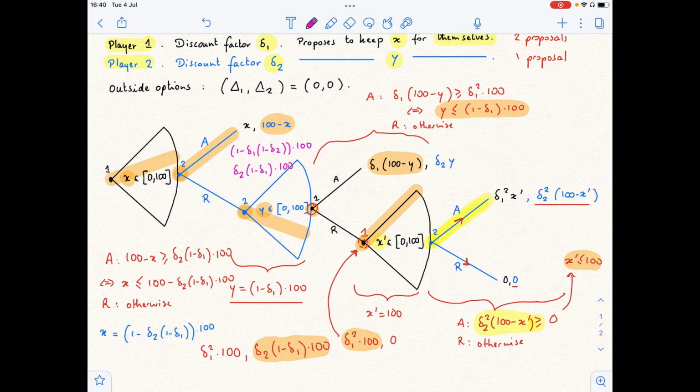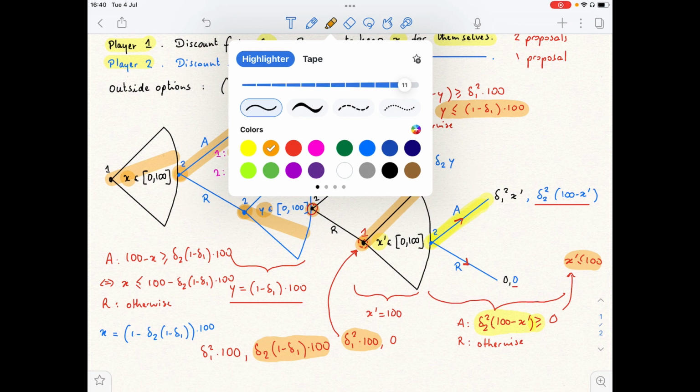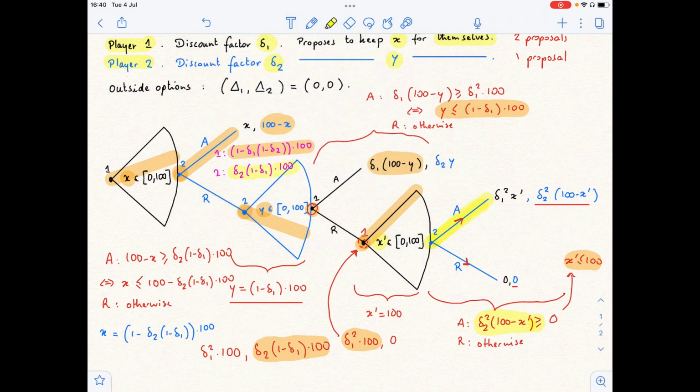So that's the payoff for player 1, and that's the payoff for player 2. Because delta 1 and delta 2 are typically very close to 1, we see that the payoff of player 1 in orange here is almost 100, while the payoff of player 2 in yellow is very close to 0. Okay? Because delta 2 is very close to 1, and 1 minus delta 1 is very close to 0.